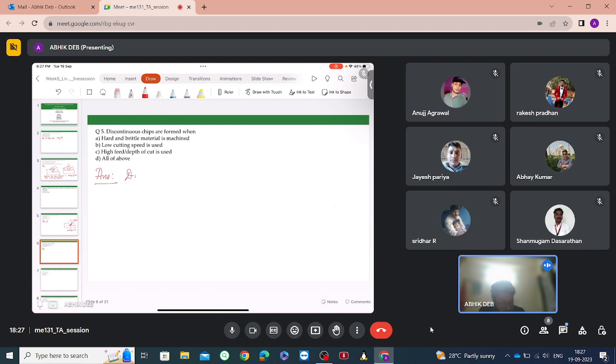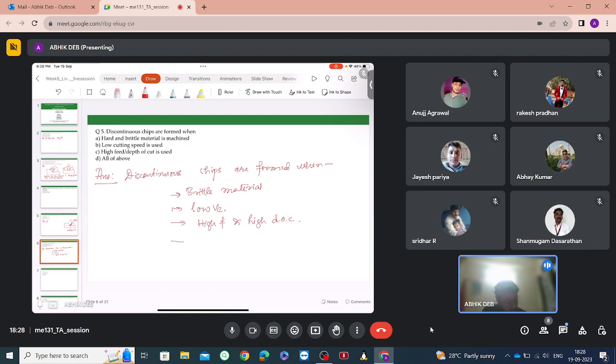So discontinuous chips are formed when there is brittle material, then low cutting speed, high feed, and high depth of cut.